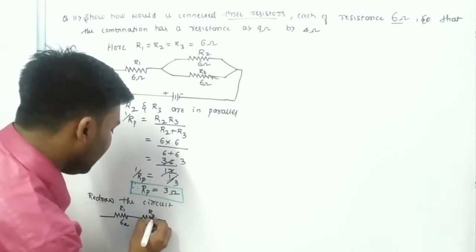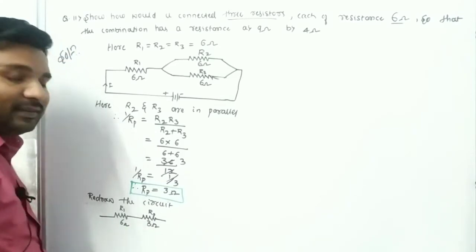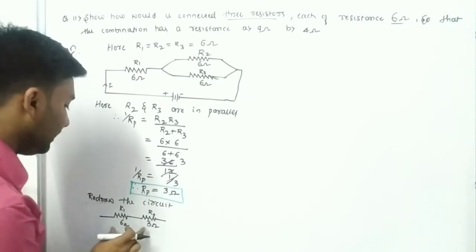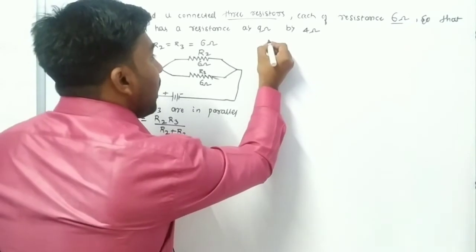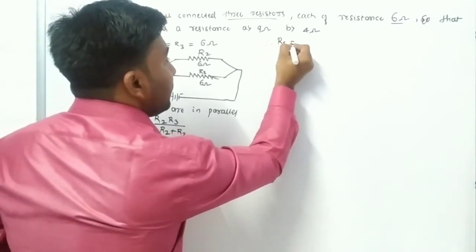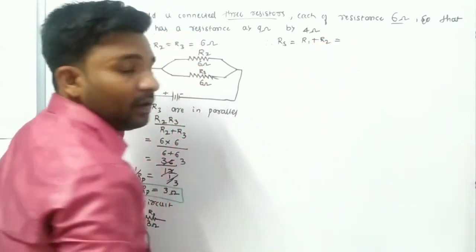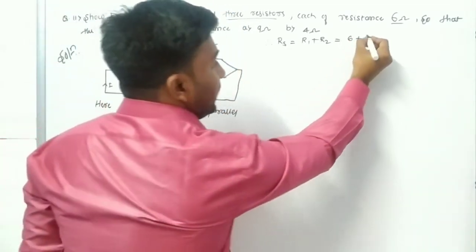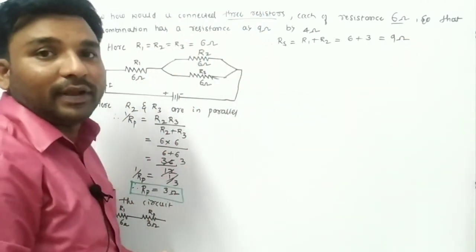Now these two resistors are in series. Therefore, Rs is equal to R1 plus R2, which is 6 plus 3 ohm. This is equal to 9 ohm.